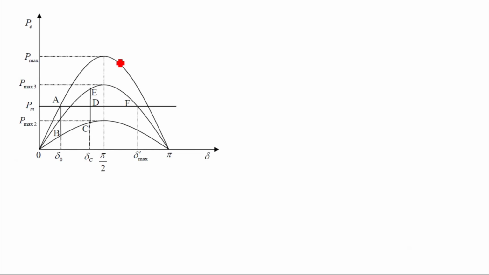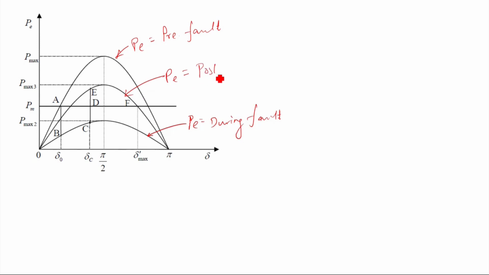This is your original curve, that is PE, the pre-fault condition. And this is your PE during the fault. And this is your PE post-fault condition. So what will happen then?